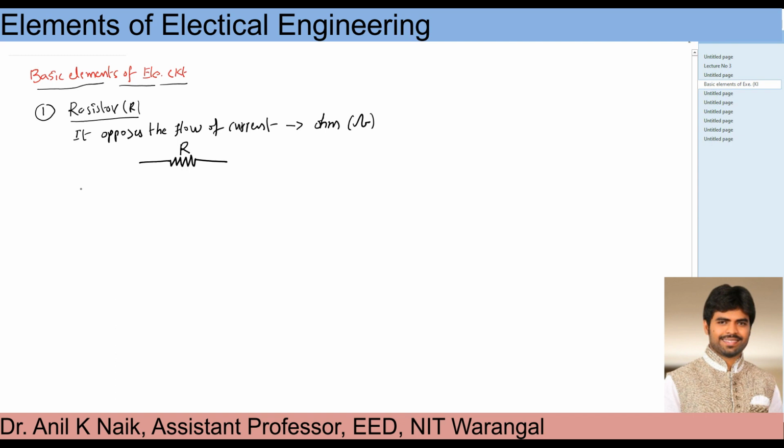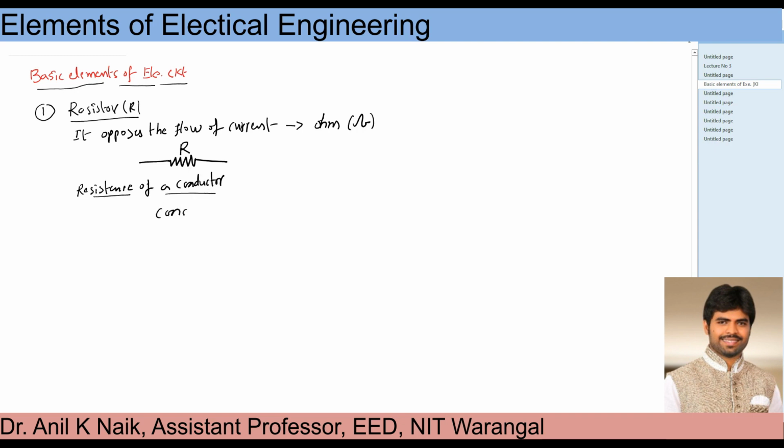Now we'll see the resistance of a conductor. What is meant by the resistance of a conductor? Before going to this, I just wanted to define a term called the conductor.